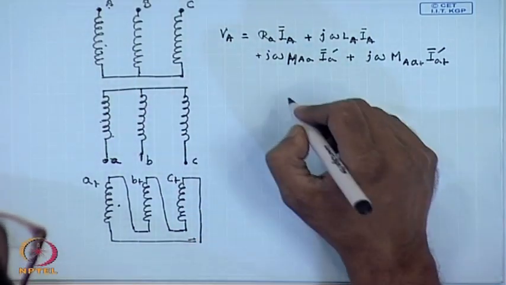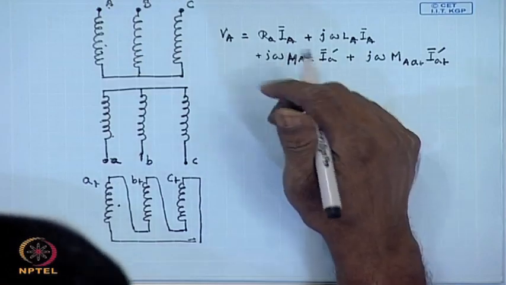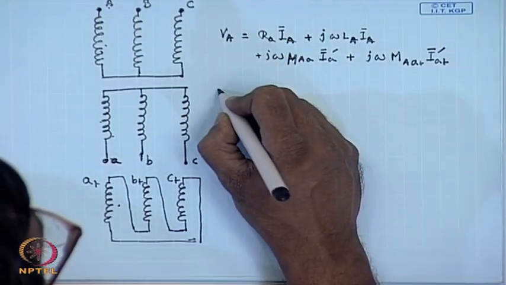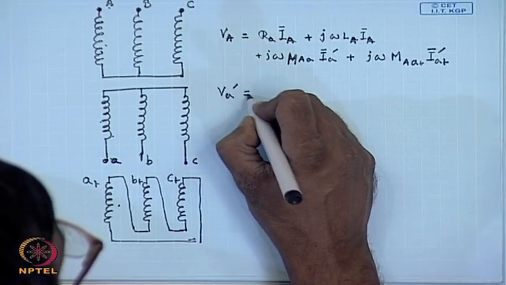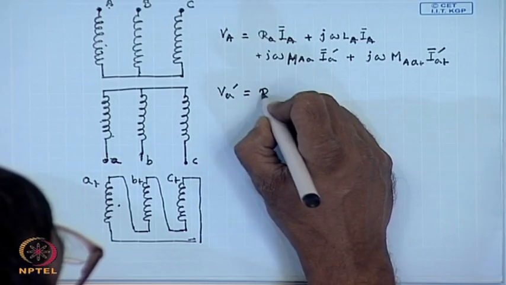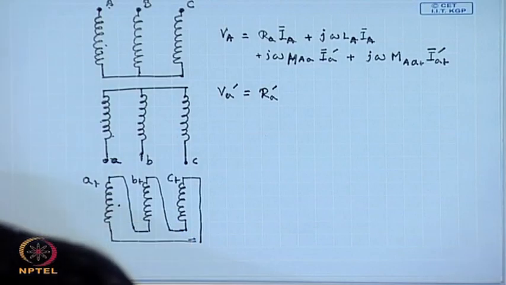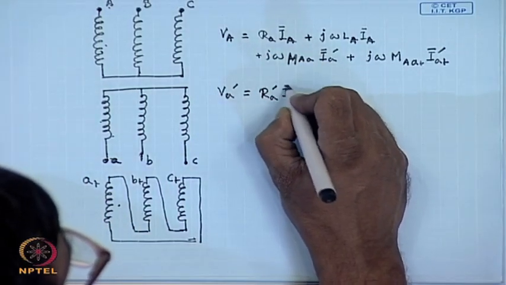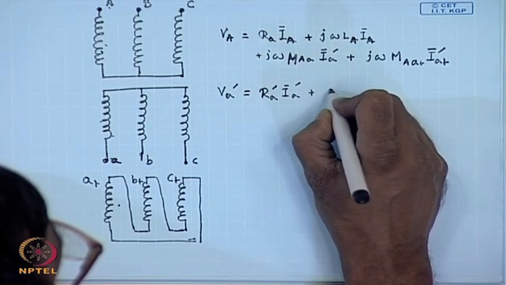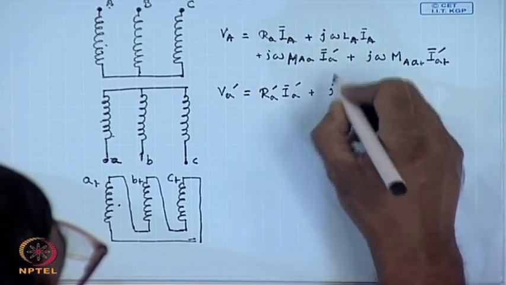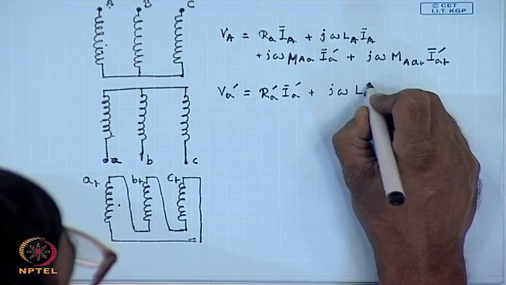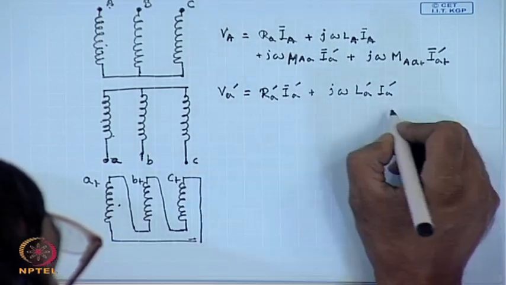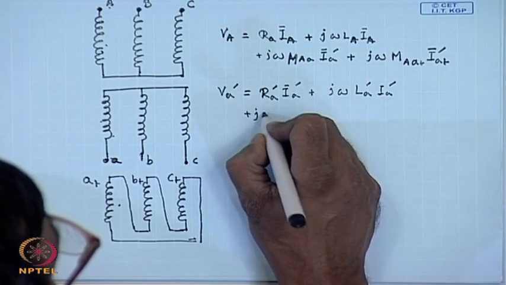Similarly, for the secondary winding referred to the high voltage side can be written as V A dash equal to R A dash I A dash plus j omega L A dash I A dash plus j omega.